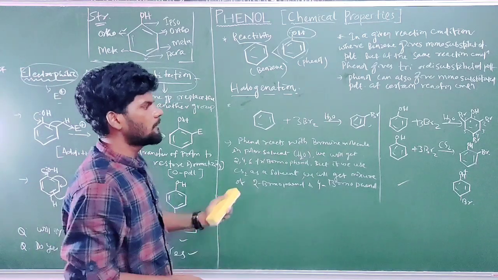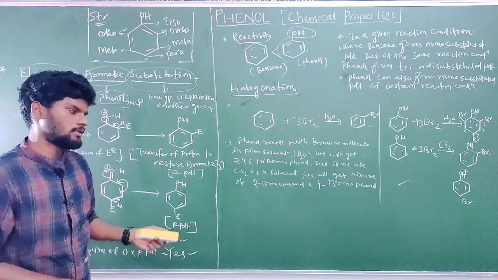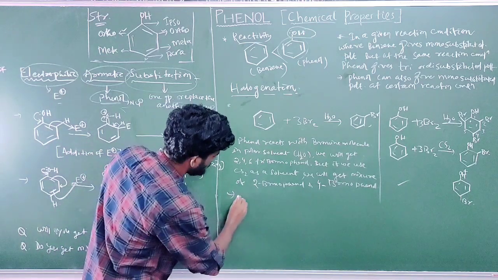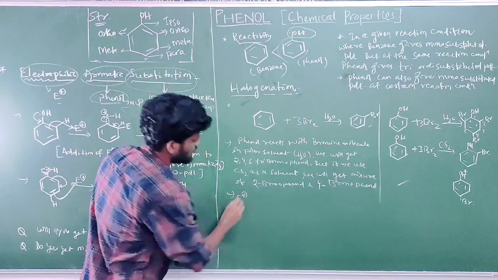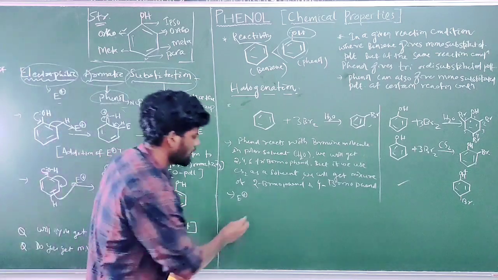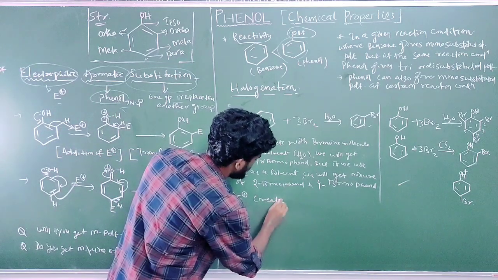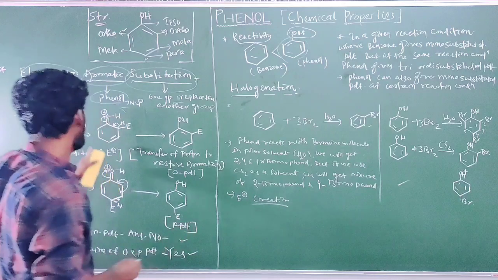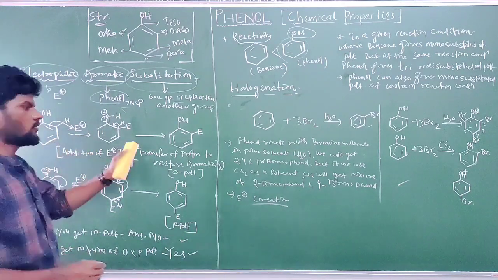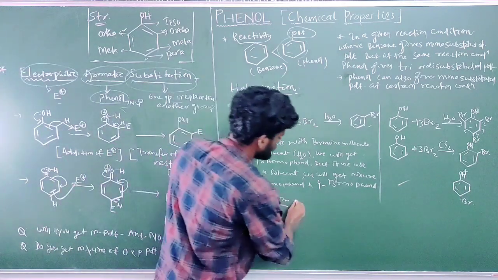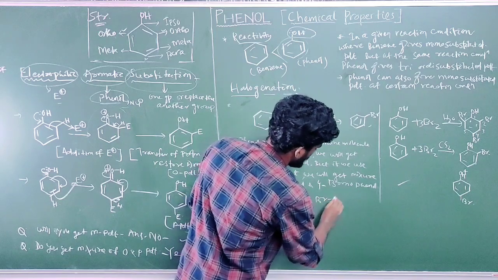So next, the important step is electrophile creation. Write one more step: electrophile E plus, electrophile creation. We need the electrophile, the main important step. The electrophile will be attacked by the benzene ring to form ortho and para product. So how is the electrophile created? Simple, Br2.